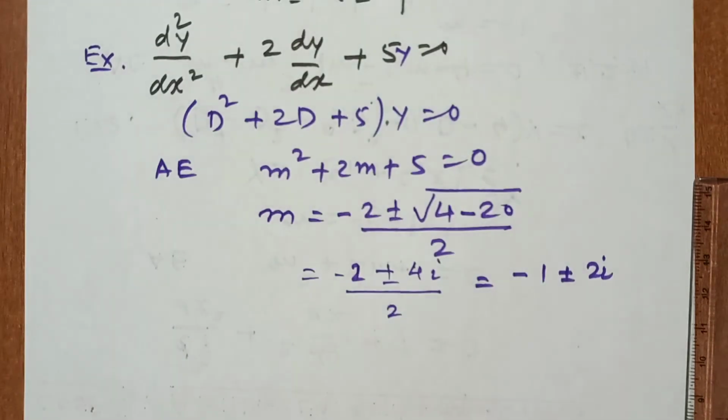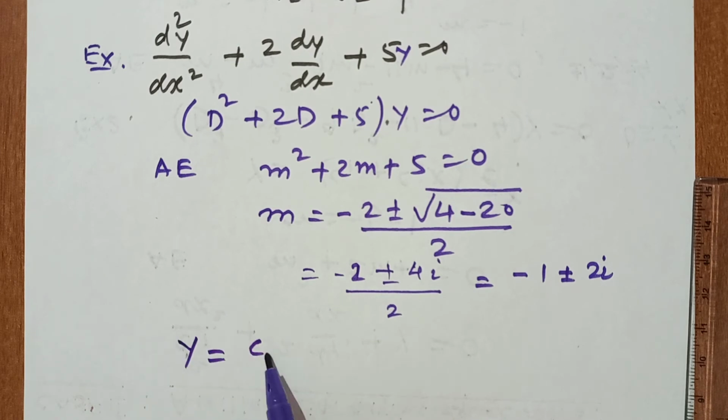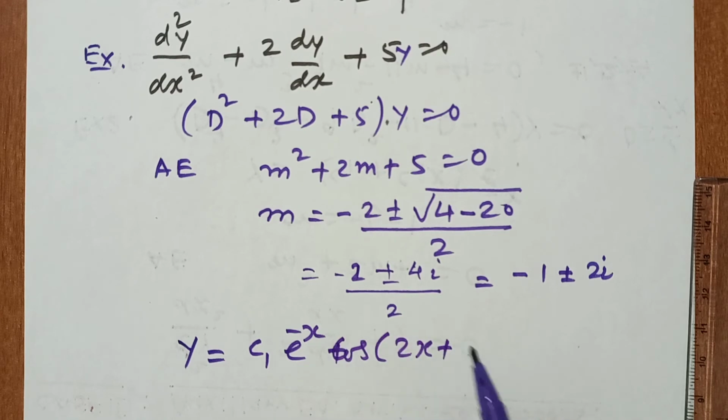So the solution is y is equal to c1 e to the power alpha x, where alpha is nothing but minus 1, cos beta x plus c2 sin beta x. Or you can write e to the power alpha x times c1 cos beta x plus c2 sin beta x, or c1 e to the power alpha x sin beta x plus c2 cos beta x, as you want. All the solutions are correct.